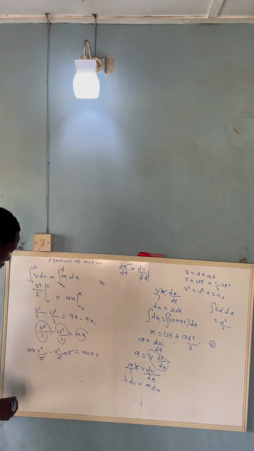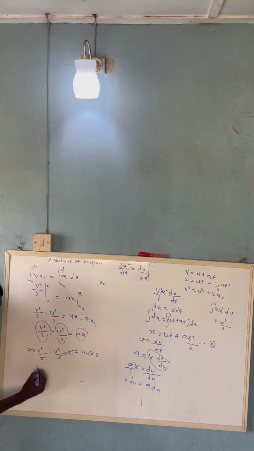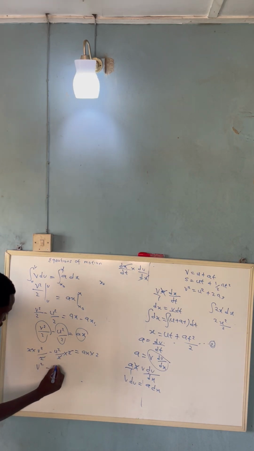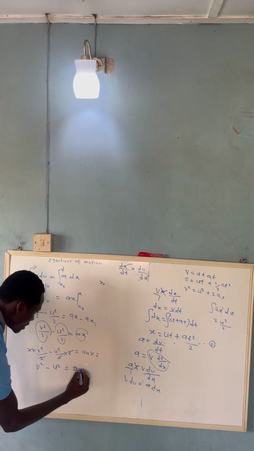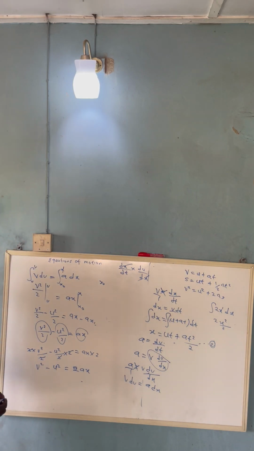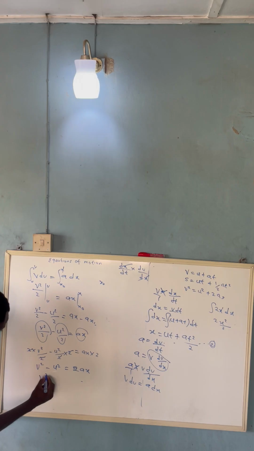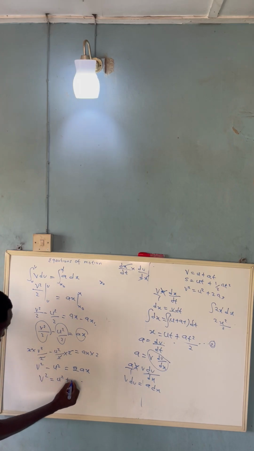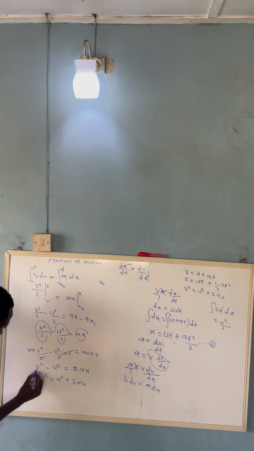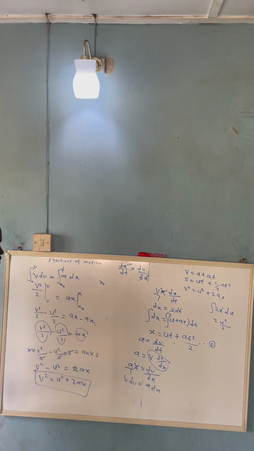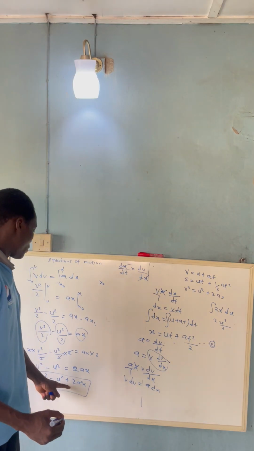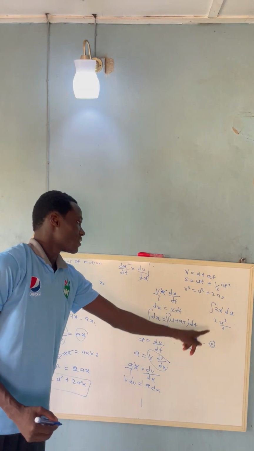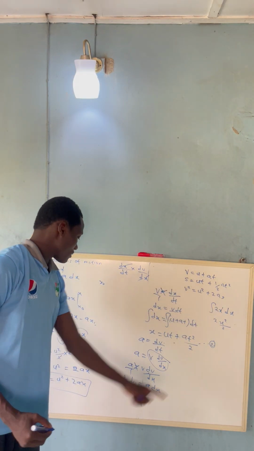Here I'm left with v squared minus u squared is equal to 2ax. If I take minus u squared to the other side, I have v squared is equal to u squared plus 2ax. If you check the third equation of motion, we have v squared equals u squared plus 2ax, just with the displacement letter changed.